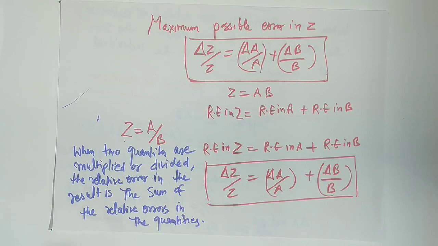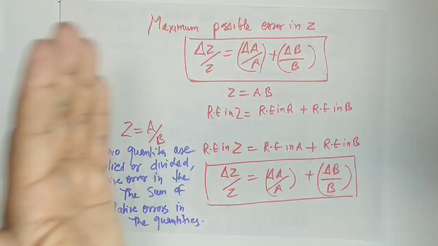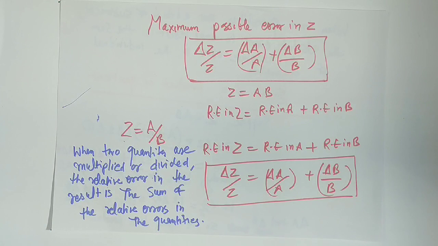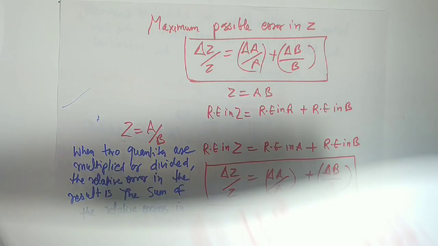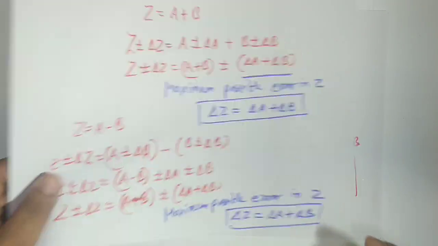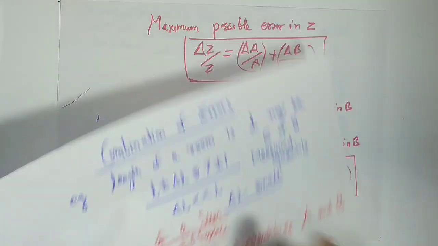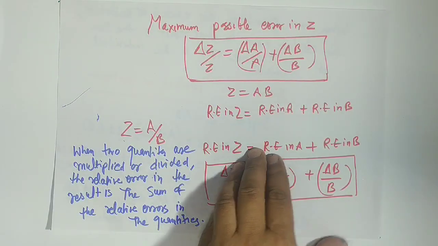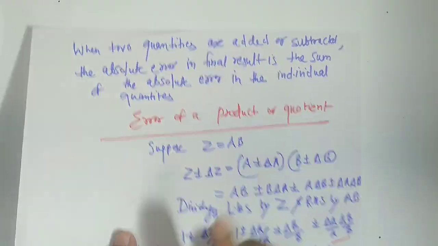Got it or not? So this is for division and product, and the other is for addition and subtraction. So error of sum or difference have the same concept, and error of division and product have the same concept.